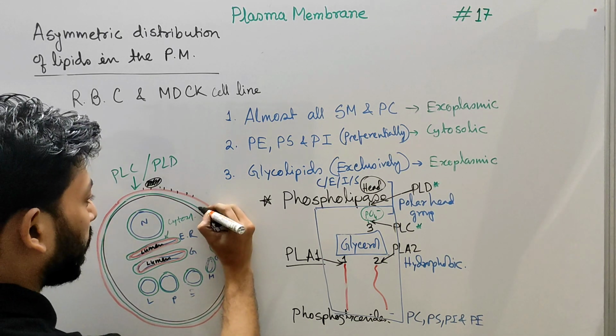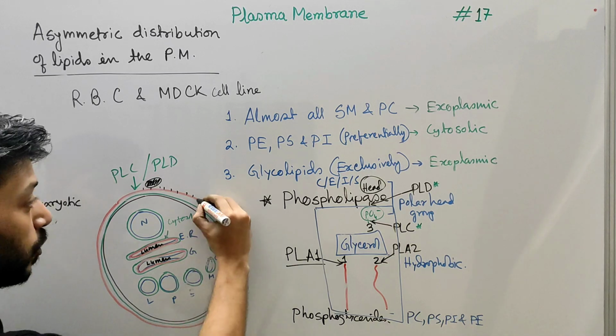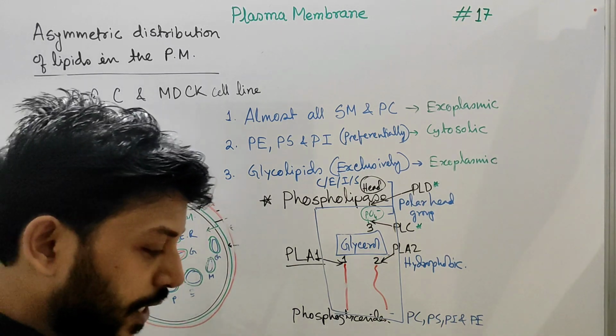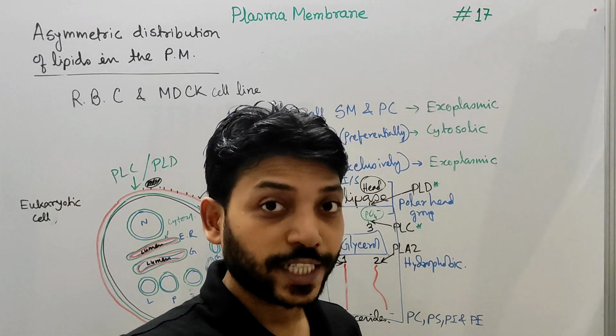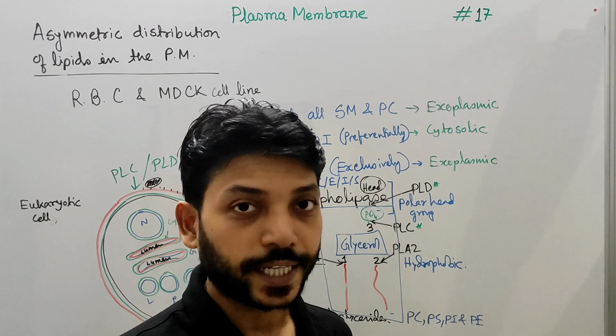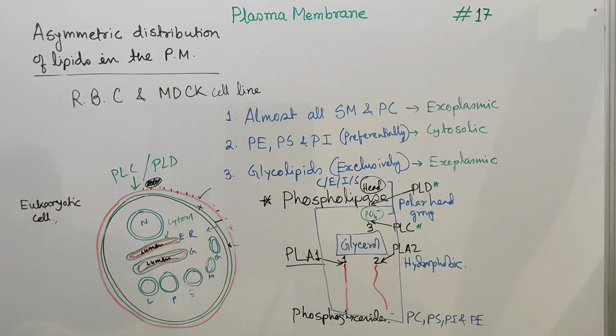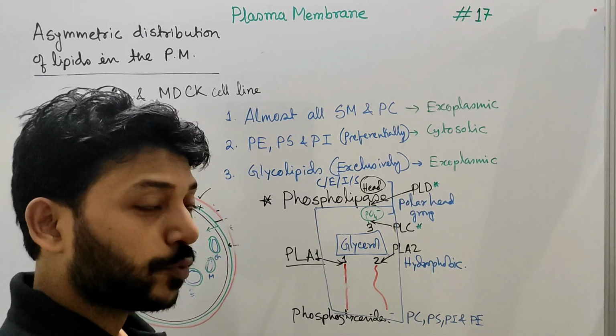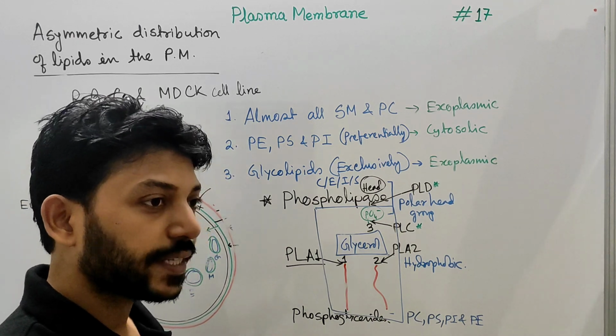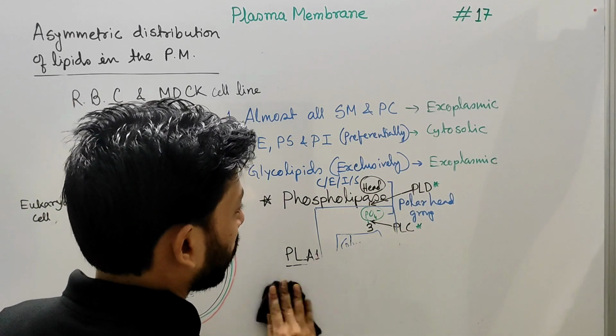It cannot hydrolyze the inner side. It will hydrolyze the outside of the leaflet. Then they observed chemically what kind of molecules are present outside, and they found one interesting observation that proves that there is asymmetric distribution. So let me explain.